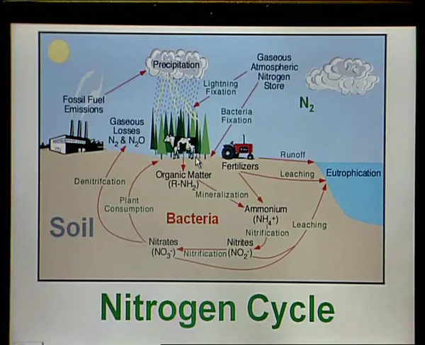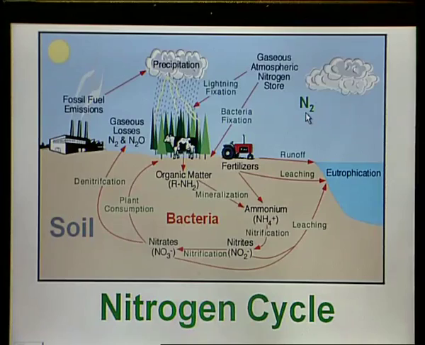It is used by living organisms to produce a number of complex organic molecules like amino acids, proteins and nucleic acids. The main store of nitrogen is the atmosphere, where it exists as a gas.